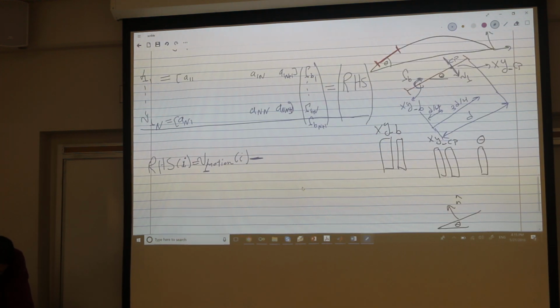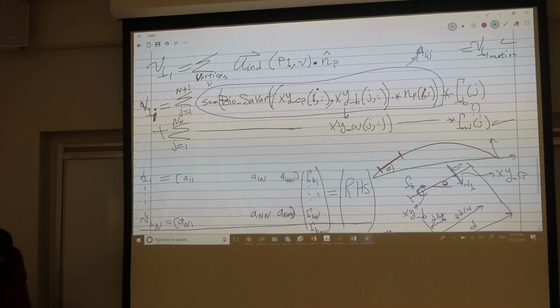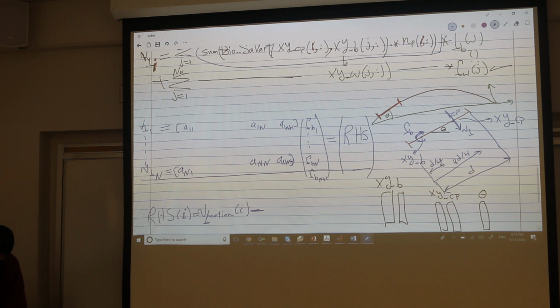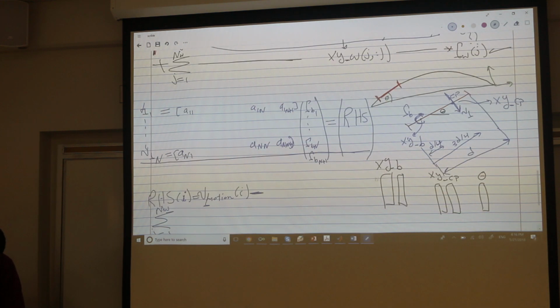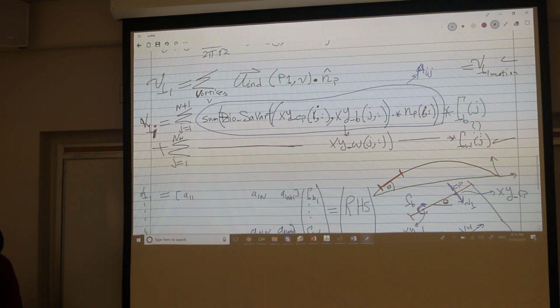So minus summation j from 1 to number of wake. I'm just copying this exactly the same.